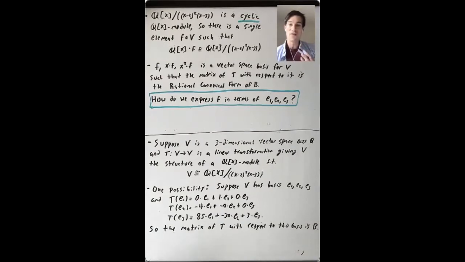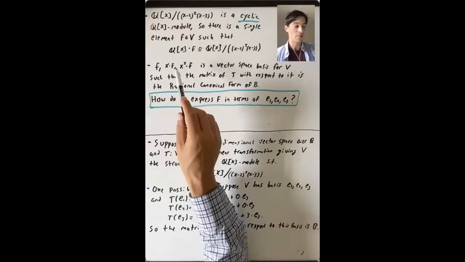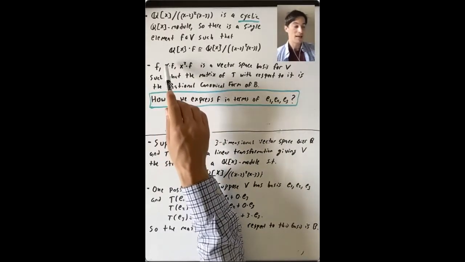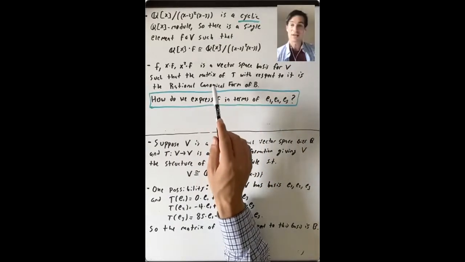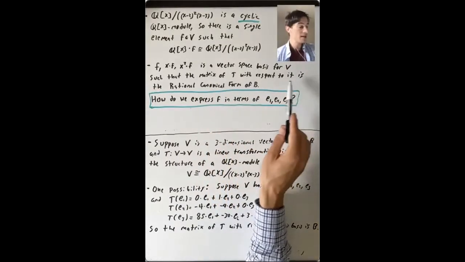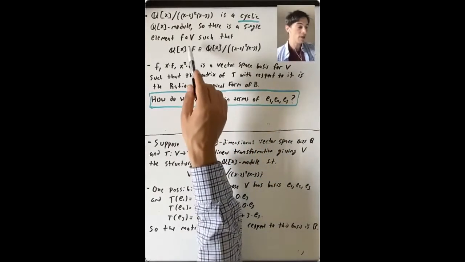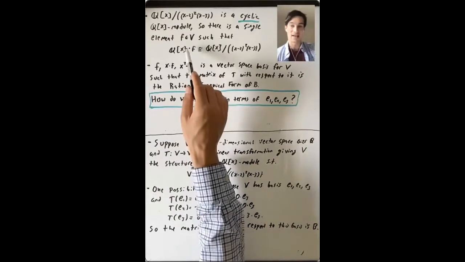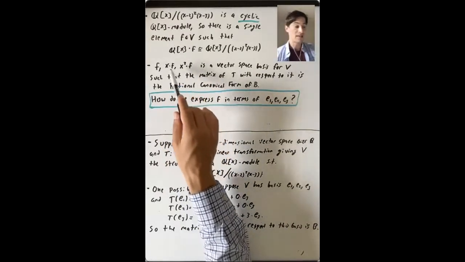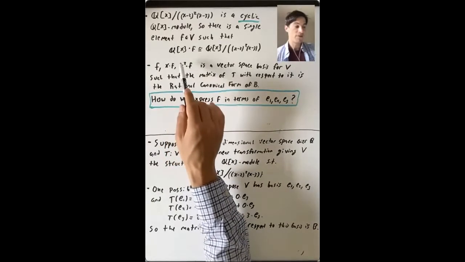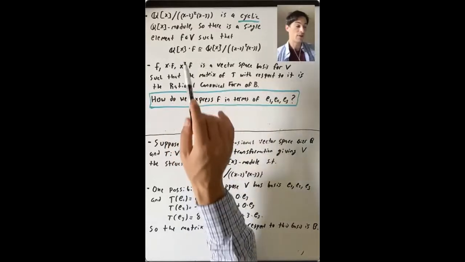Well, what about V as a vector space? f being a generator of V as a Q[x] module means that f, x dot f, and x squared dot f is a basis for V such that the matrix of T with respect to it is the rational canonical form of B. That there's some good choice of a generator for this cyclic Q[x] module where the vector space basis is f, x dot f, x squared dot f, or if you prefer, f, T(f), and T squared of f.